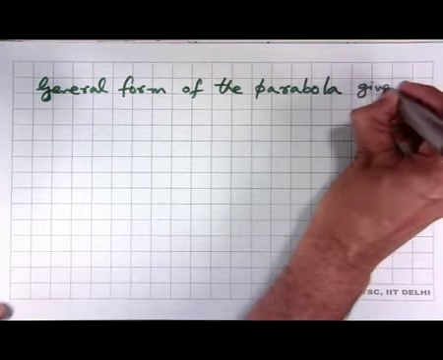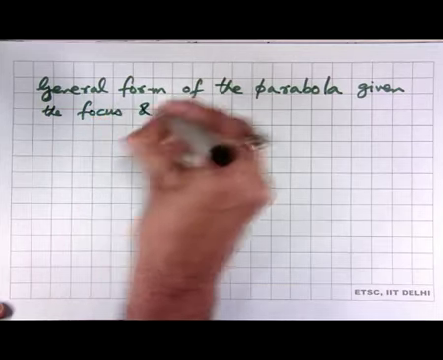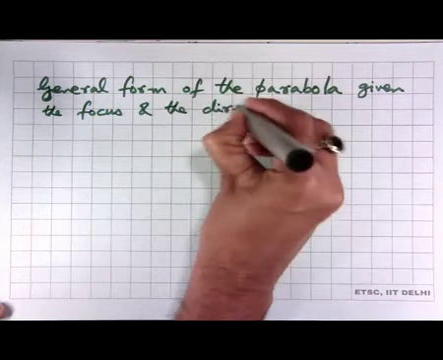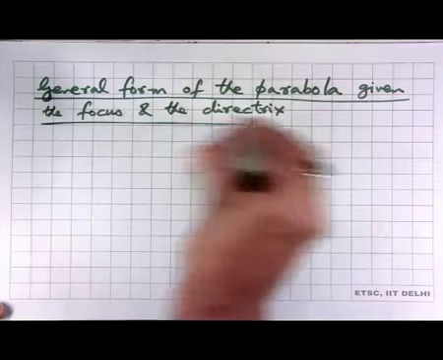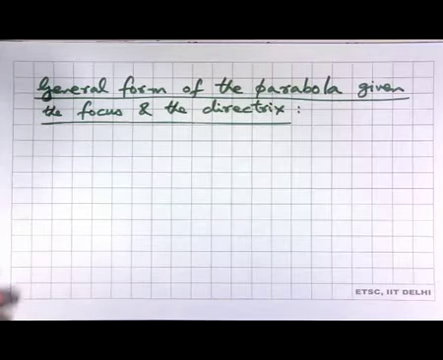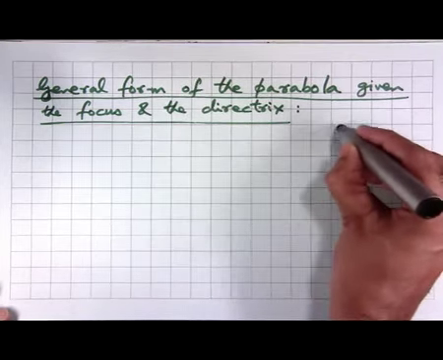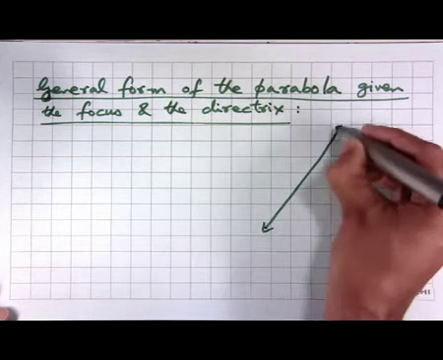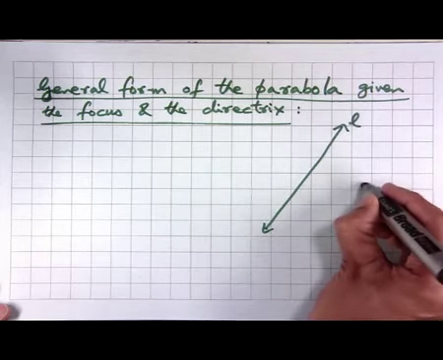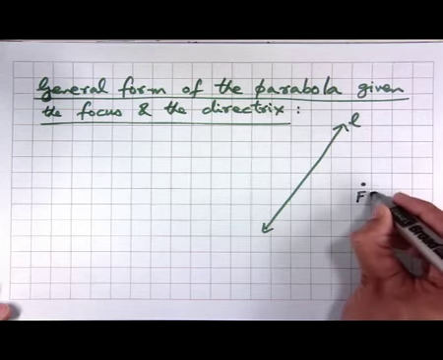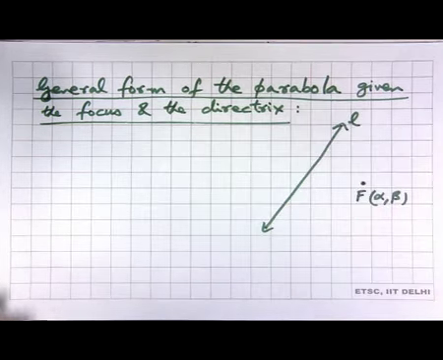Given the focus and the directrix, let us say this line L is the directrix and the focus is at some point F, alpha comma beta. Then how do we get the parabola?